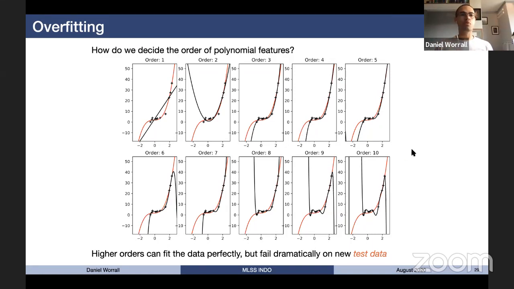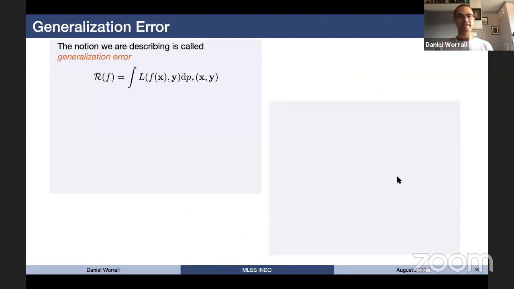If you don't perform well, if you can fit your training data perfectly, but you perform very poorly on test data, that's called overfitting. And this is related to an idea called generalization error. So generalization error is the following. I have a predictor f, it outputs a certain value, and I can measure the loss function between our prediction and our true y on the true data set.